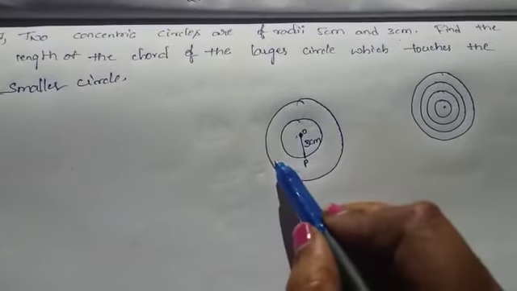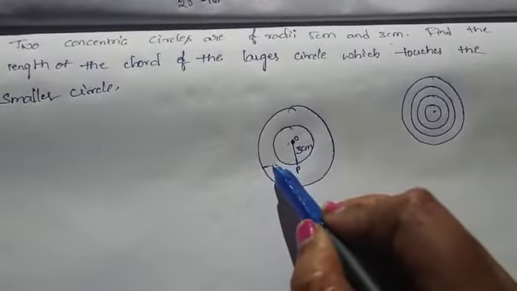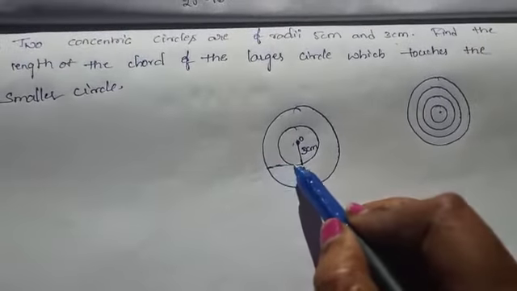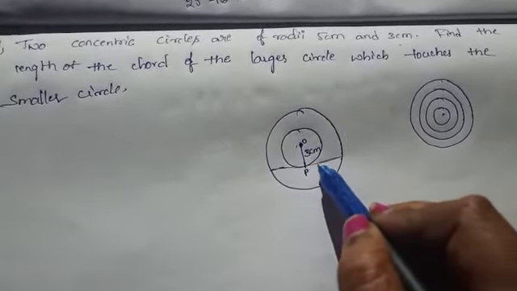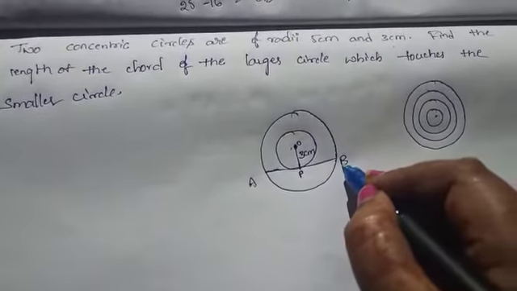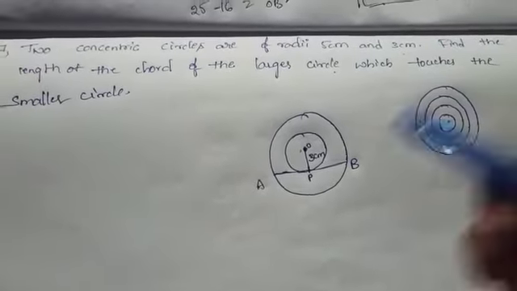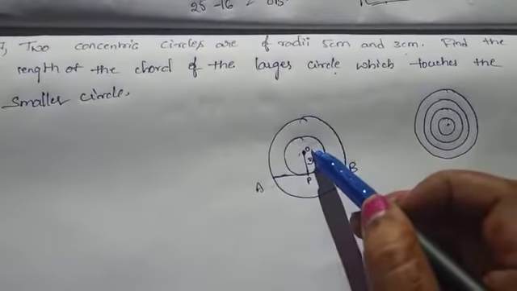Draw a chord which touches the smaller circle. Here let AB be the chord of the larger circle and AB is the tangent of the smaller circle.